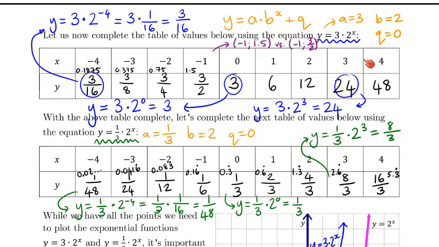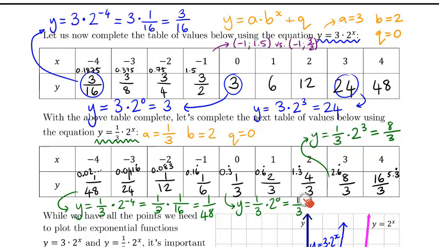And now look what we have over here, guys. Here is the table we made for y equals 3 times 2 to the x, and here is the table that we made for y equals 1 over 3 times 2 to the x. Now, when we make this 3 a minus 3 and make this 1 over 3 a minus 1 over 3, the only thing that's going to happen is that all these y values will now be the negative version, guys.